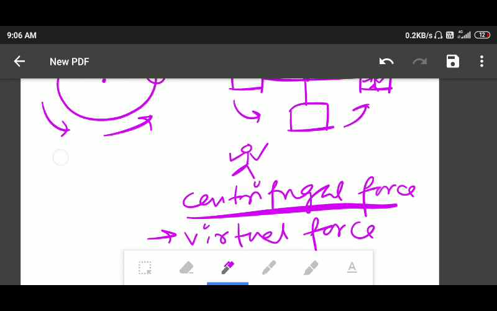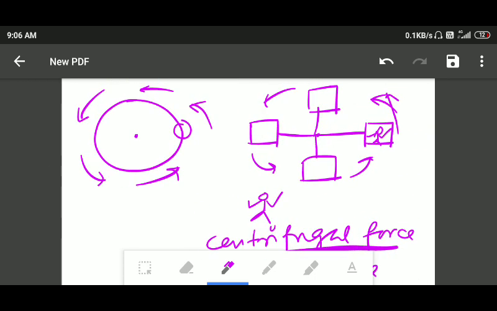If it is a virtual force, that means in this case you have seen that the centrifugal force is working in the outward direction. Whatever the object in circular motion, on that object the force will work in the outward direction, that you will feel.